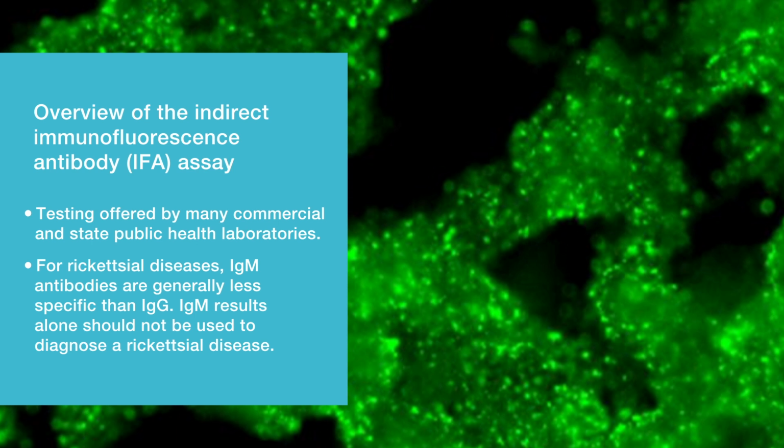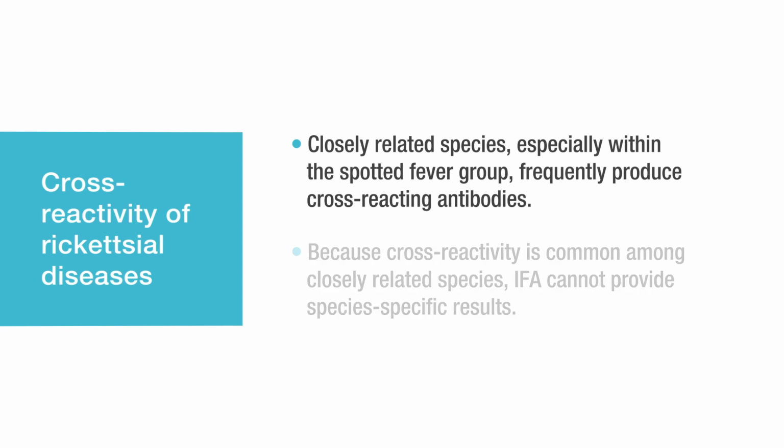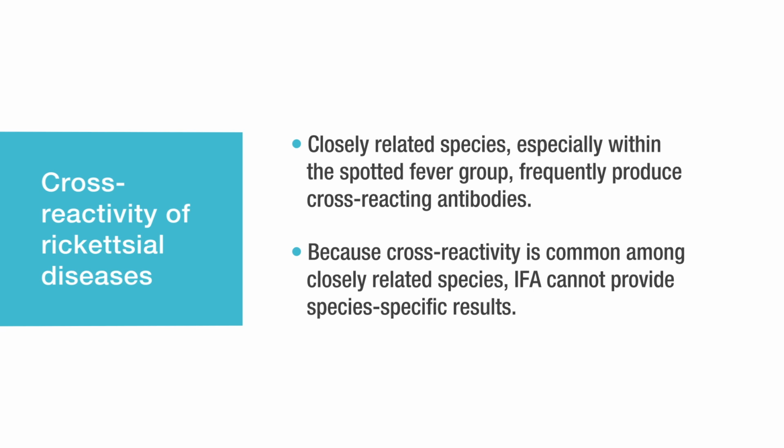IgM antibodies are generally less specific than IgG, so IgM results alone should not be used to diagnose a rickettsial disease. Closely related species, especially within the spotted fever group, frequently produce cross-reacting antibodies. Cross-reactivity also occurs between spotted fever group and typhus group species. Because of this cross-reactivity, IFA cannot provide species-specific results.